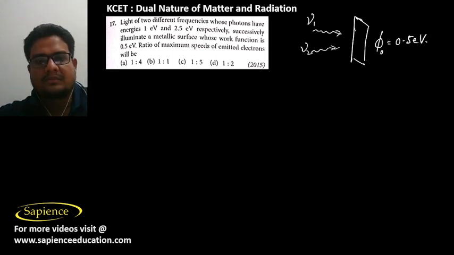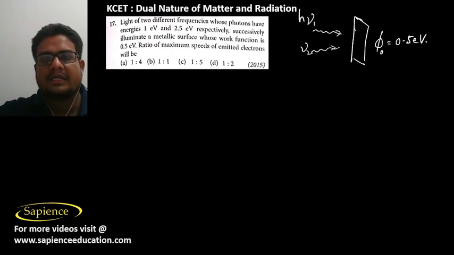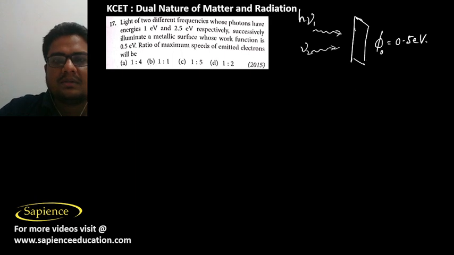The ratio of maximum speeds of emitted electrons will be. Here h nu1, the energy of the first photon, is 1 electron volt, and h nu2 is 2.5 electron volt.